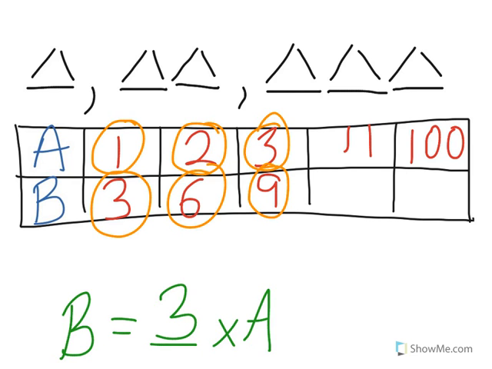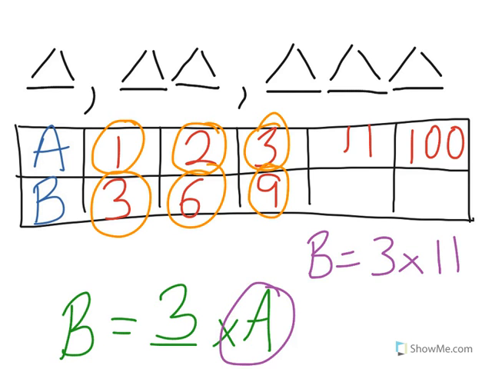Okay, now we need to work out how many sticks there would be if I had 11 triangles. So I do my substitution. B equals 3 times 11.